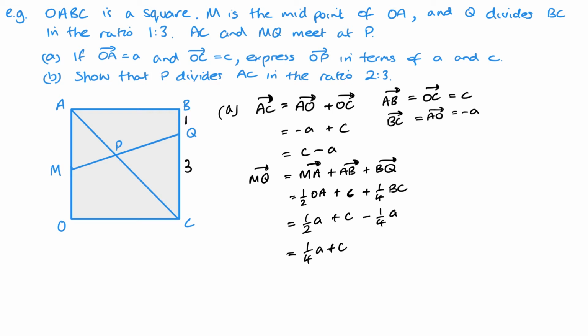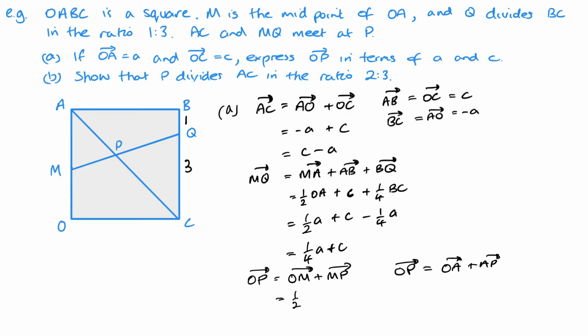Now P lies on both MQ and AC. So if I think of the ways I can get from O to P now using the information I got, I can go O to M, M to P. So that is OM plus MP. And then the other way is OA plus AP.